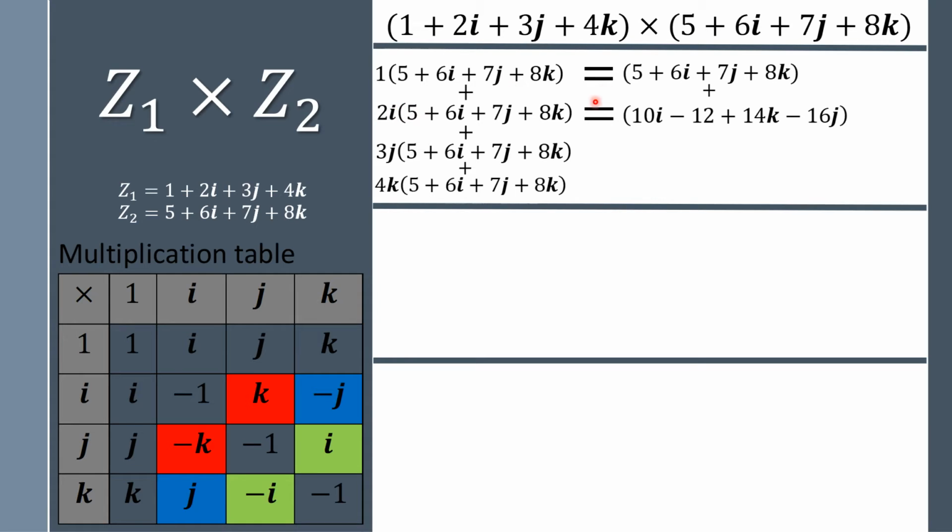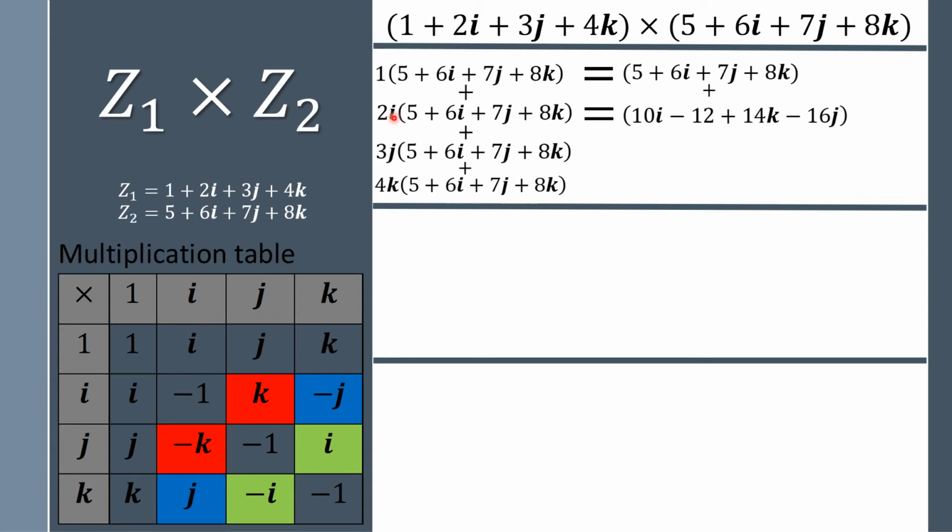We have 2i times 5, which is 10i. 2i times 6i is going to equal 2 times 6, which is 12, and i times i, which is -1, so that's -12. 2i times 7j is 2 times 7, which is 14, i times j, which is k, so that's plus 14k.